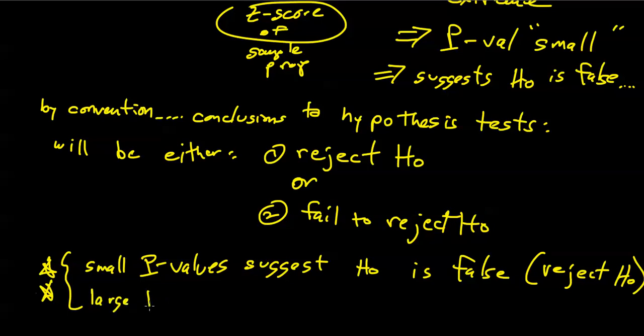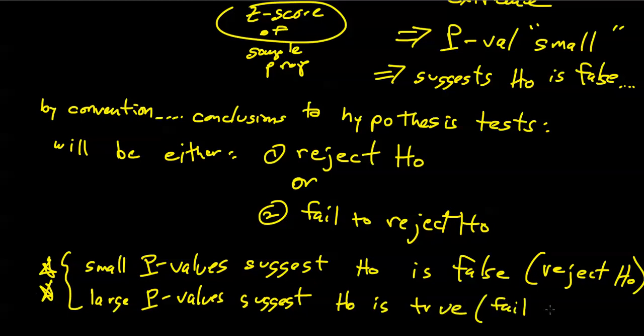And conversely, large p-values will suggest H sub 0, the null hypothesis, is true. And in that case, we'll say the evidence is weak and we fail to reject H0. Sorry about squeezing that in there.